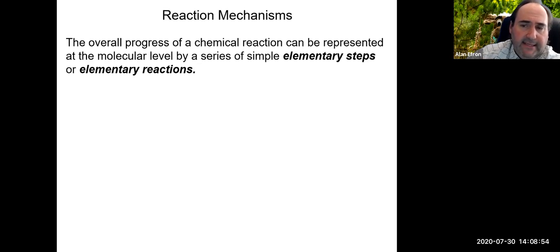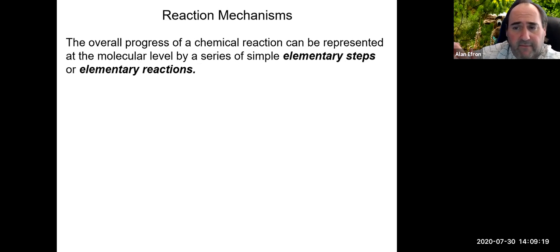And again, if it's a good mechanism, or maybe a possible mechanism for a reaction to take place, there are a couple of important things that have to happen, and we'll talk about those in just a second. But obviously, one very important thing is that if you add up all the steps, it does equal the overall reaction.